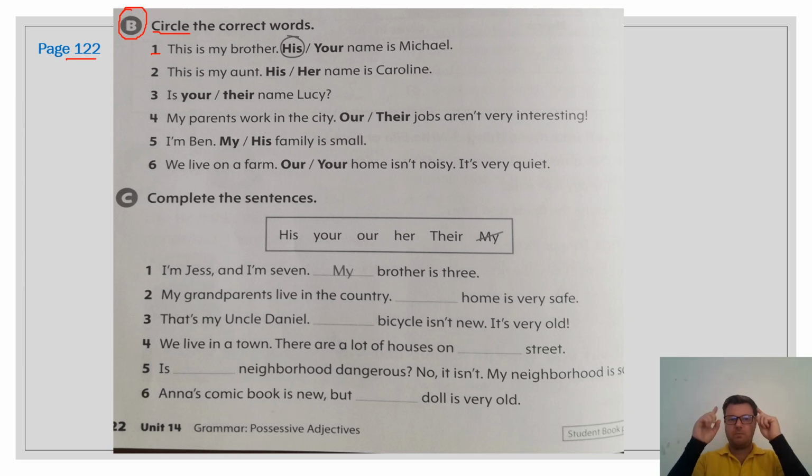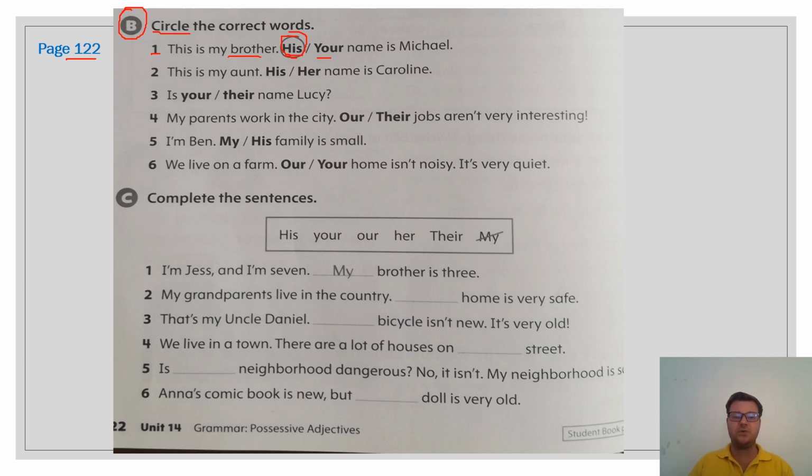Brother, we need to remember, is a boy. Boy, possessive adjective, his. This is my brother. His name is Michael. And you're going to circle.